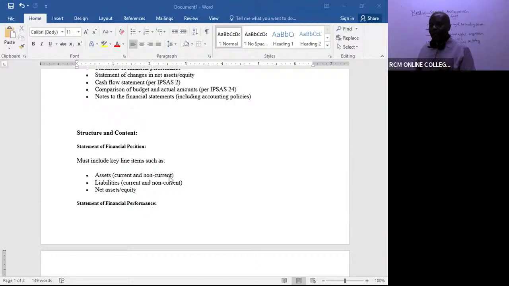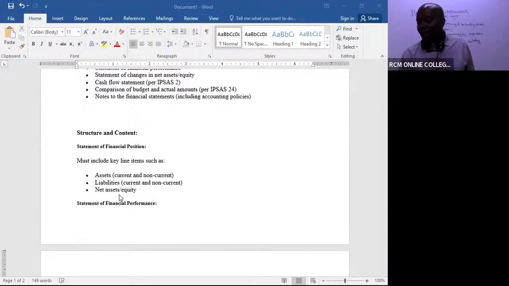If it's a statement of financial position, we expect you to have a segment where you capture assets and classify these assets into current and non-current assets. Then we have liabilities, current and non-current. And then we have net assets. You must have those three key things.